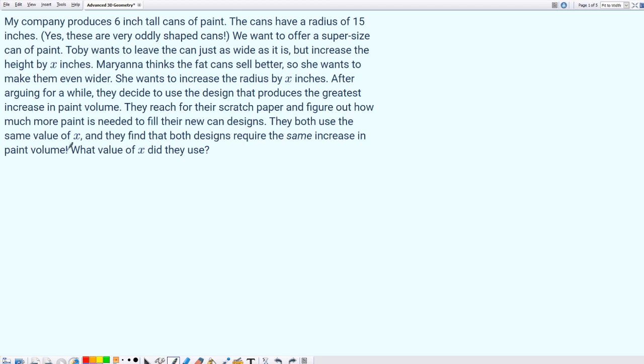And we know that both designs require the same increase in paint volume. So what that is implying is that the volume of Toby's is equal to the volume of Mariana's.